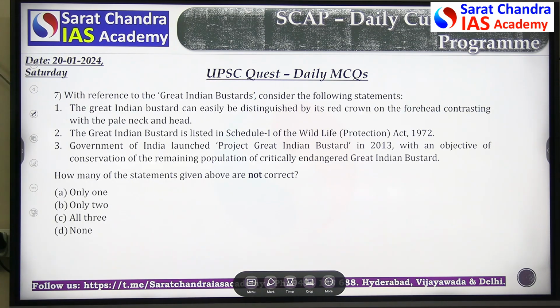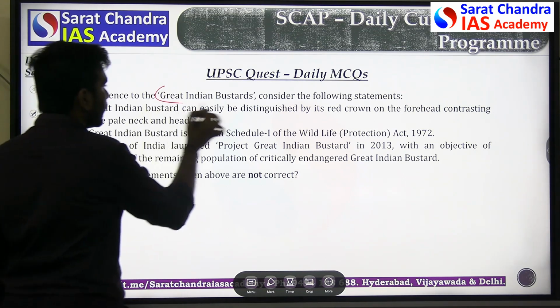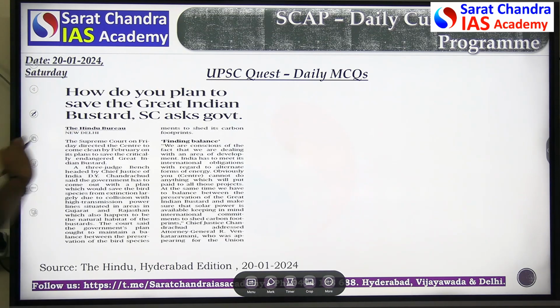Next, with reference to Great Indian Bustard, consider the following statements. The Great Indian Bustard can easily be distinguished by its red crown on the forehead, contrasting with the pale neck and head. Here, the question is about Great Indian Bustards. The context is how do you plan to save the Great Indian Bustard?